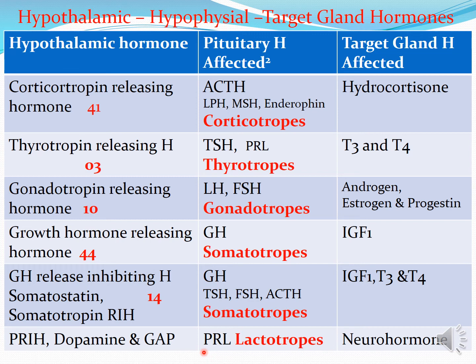The regulation of prolactin synthesis and secretion by the lactotrope cells is primarily under tonic inhibition by hypothalamic agents.